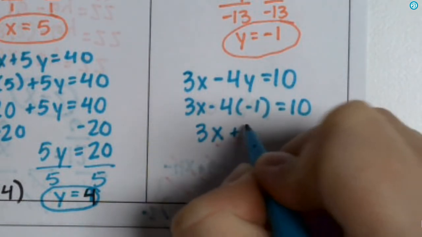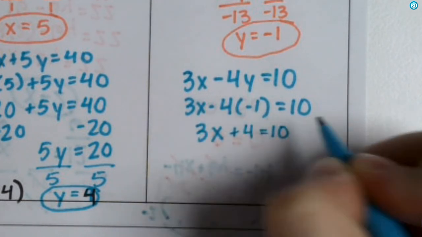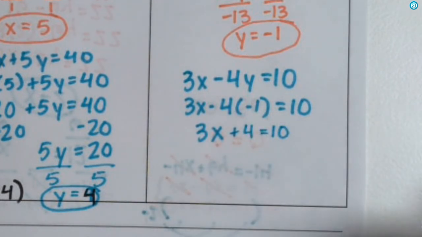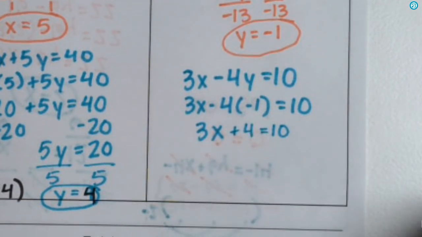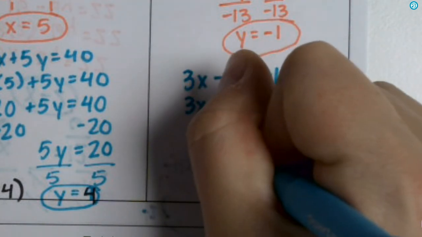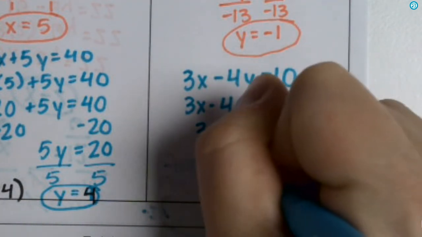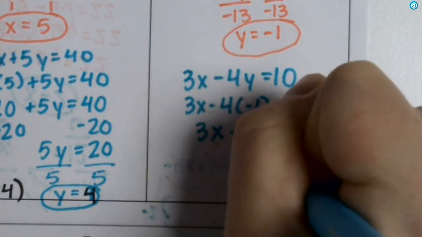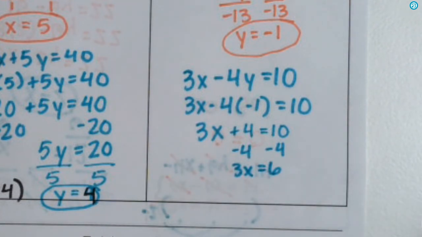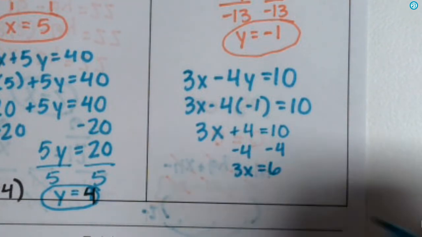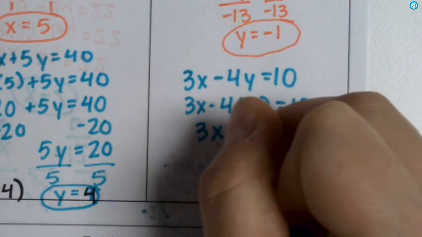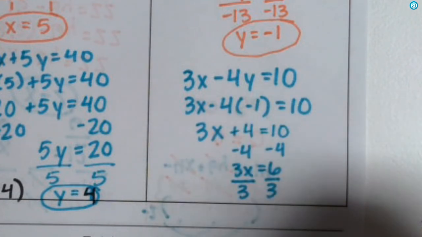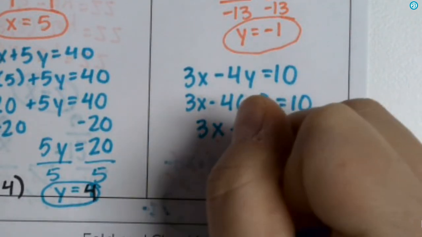So this is 3x plus 4 equals 10. And then just a few more steps to solve. I can subtract 4 from both sides. Get 3x equals 6. And then I can divide both sides by 3 and get x equals 2.